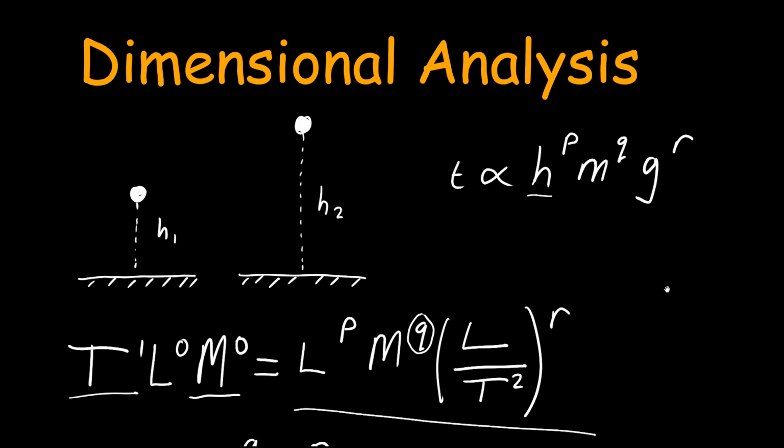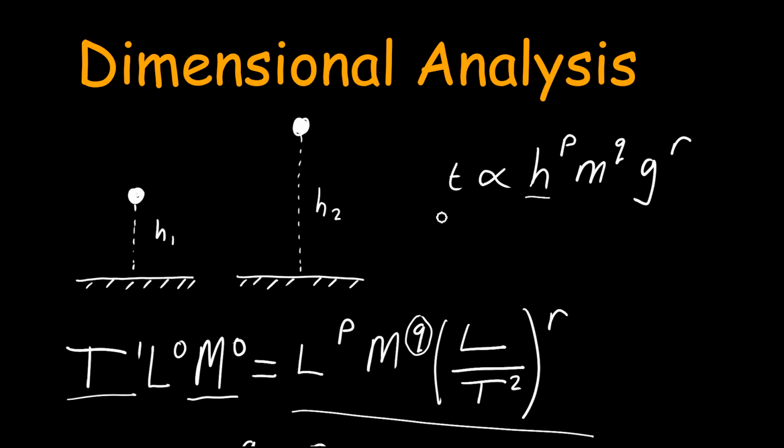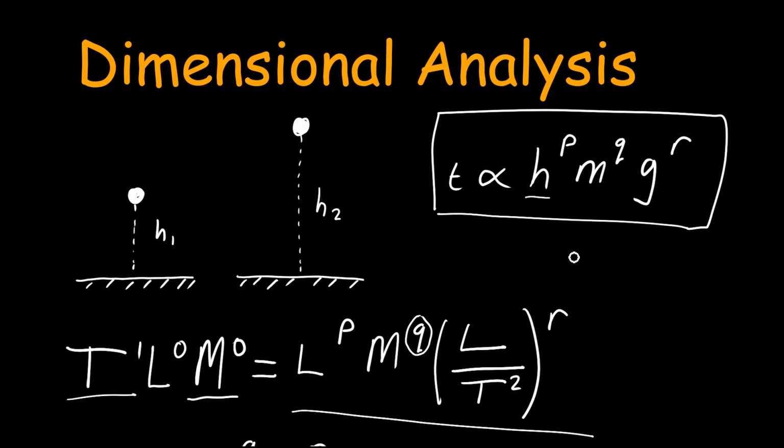If we plug our powers back into our equation above here, we get time is proportional to the square root of the height multiplied by 1 over the square root of the gravitational field.